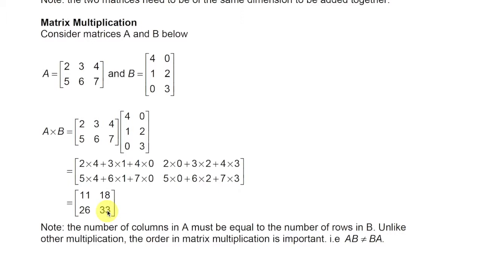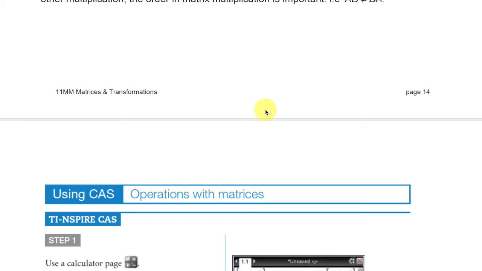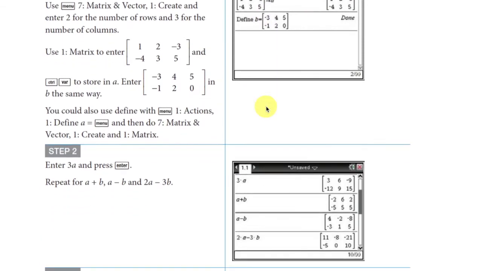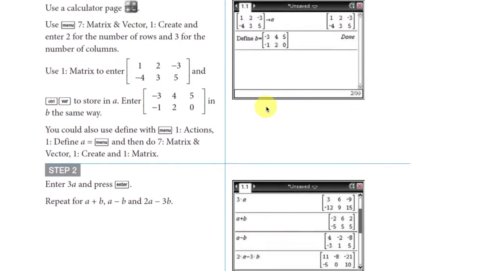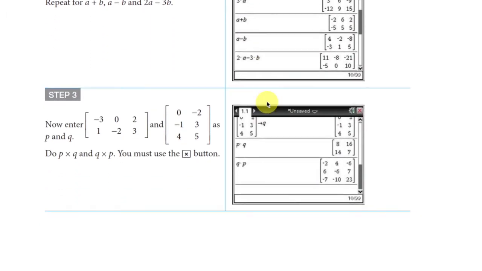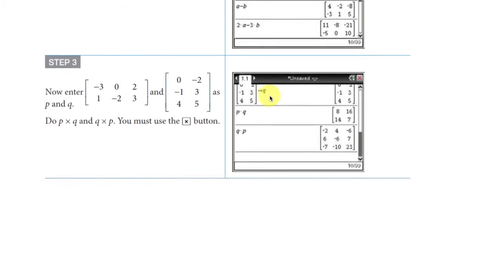And that's how we do matrix multiplication. You can do this using your CAS calculator. To be honest with you, I wouldn't be defining these matrices. I find that a complete waste of time. Instead, I'd just suggest you put them in once, the matrices, and if need be, just use copy and paste to do further calculations.